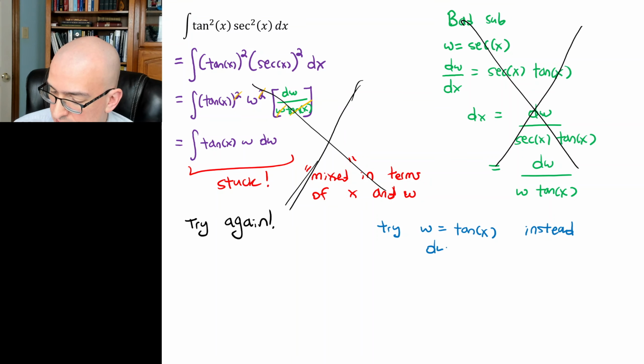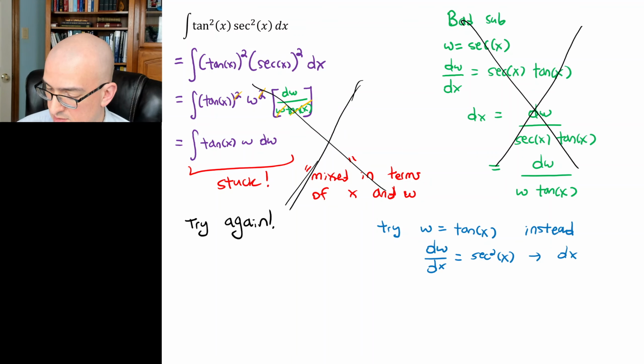So dw by dx is secant squared. And then rearrange, so dx is dw divided by secant squared.